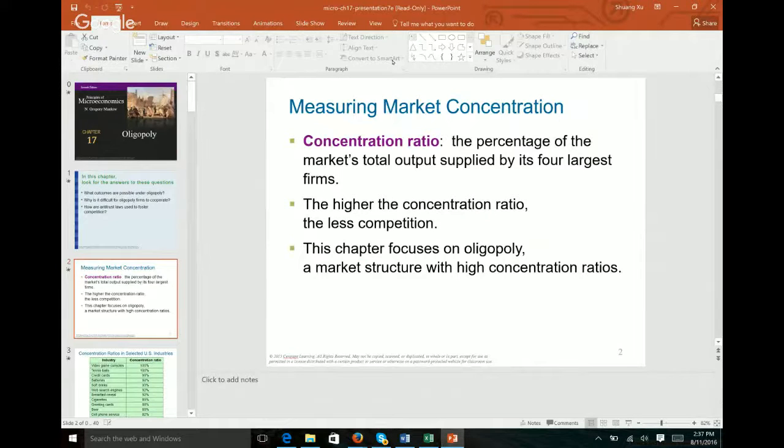If you look at our cell phone market right now, the market for cell phone service providers, not the actual phone, you have AT&T, Verizon, T-Mobile, and Sprint. They make up more than 95% of all the service. But you still have Cricket and other smaller companies. So the concentration ratio for the top four companies in this market is close to 95%.